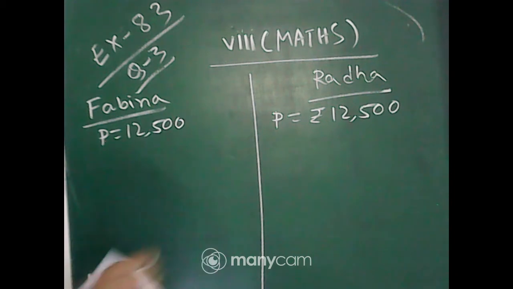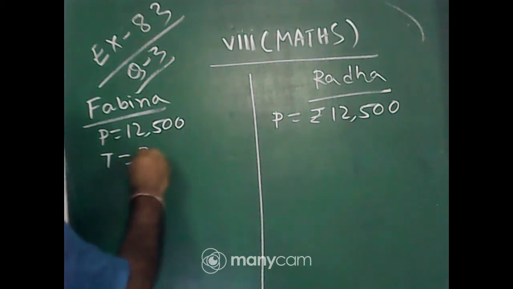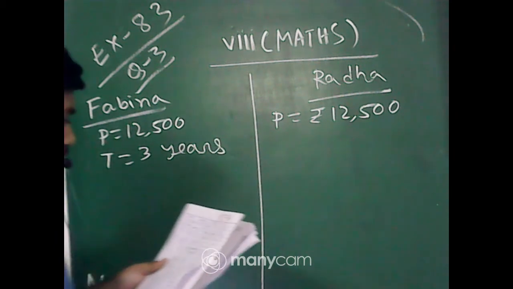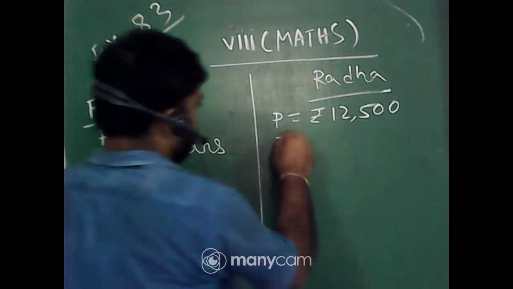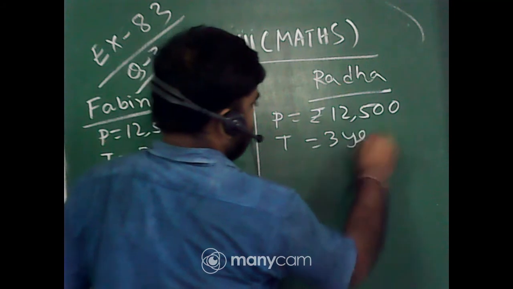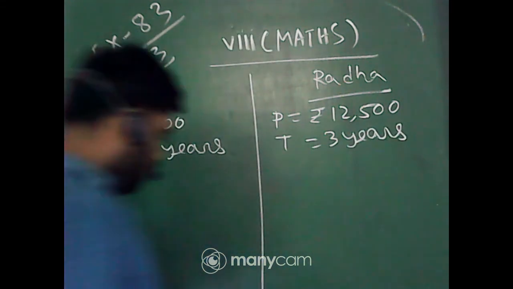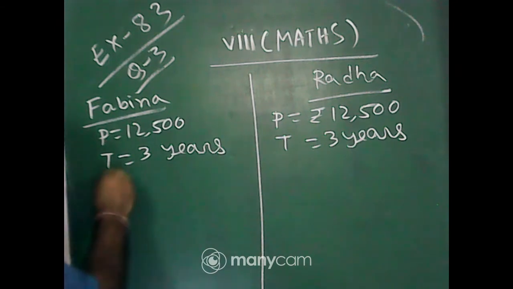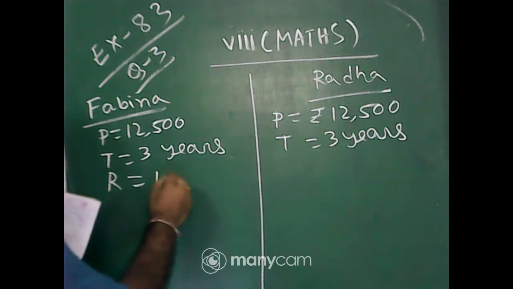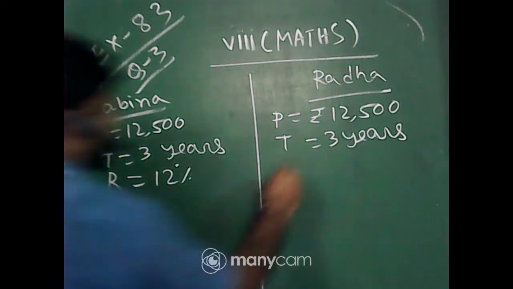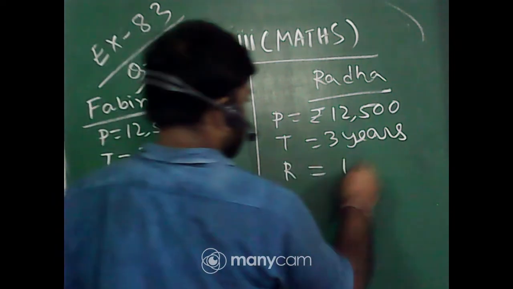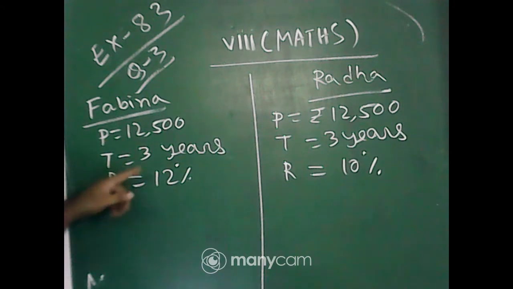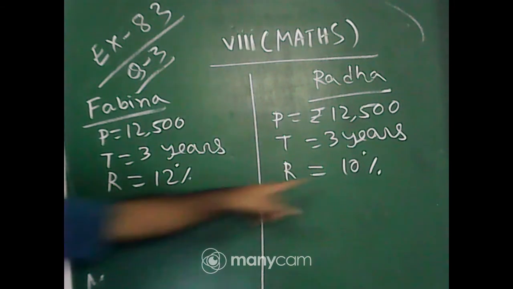For Favina the time is 3 years, and for Radha the time is also 3 years. For Favina the rate of interest R is 12%, and for Radha the rate of interest is 10%.